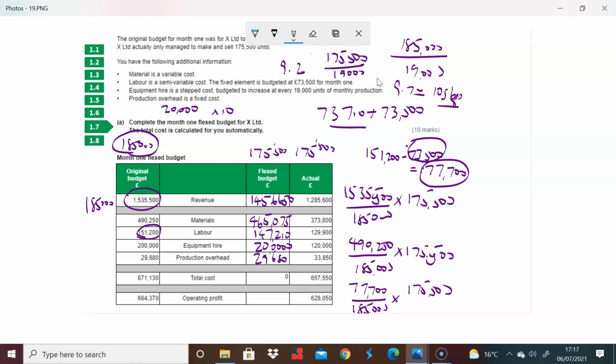And so the total cost is adding all this together, and when we add all this together, we get 841,965.